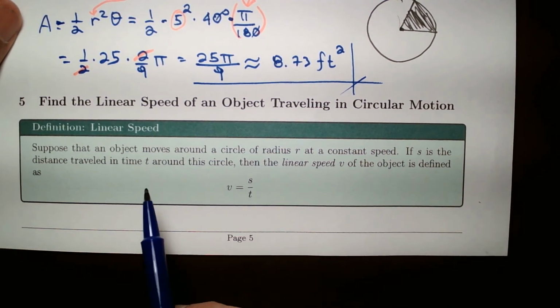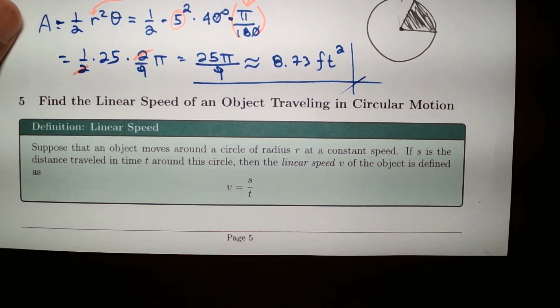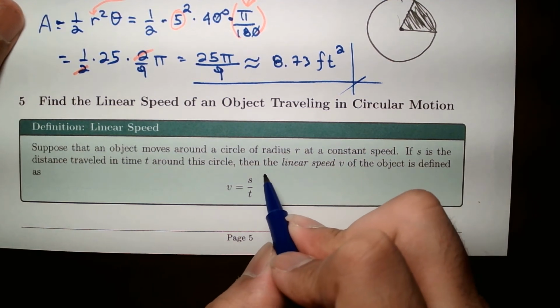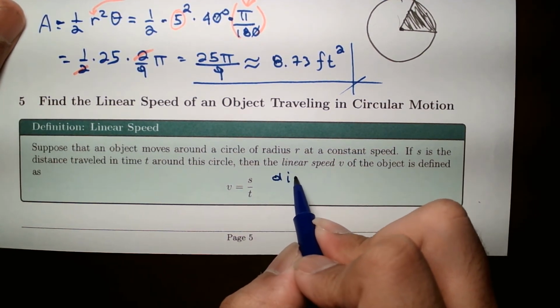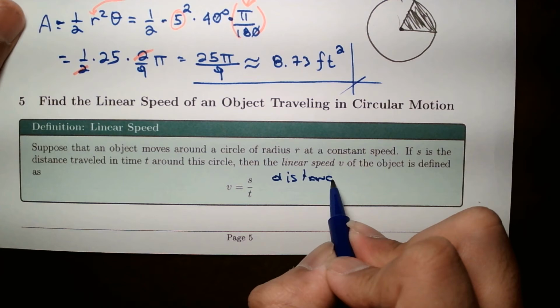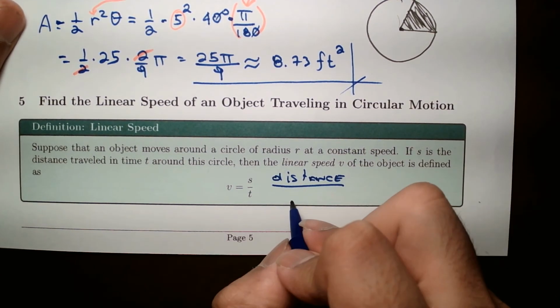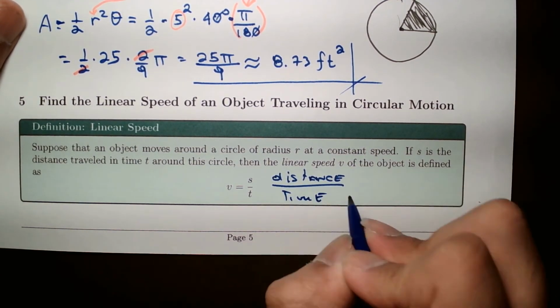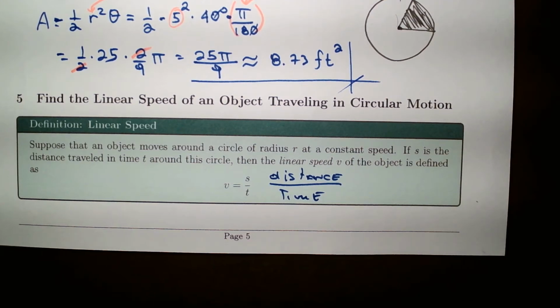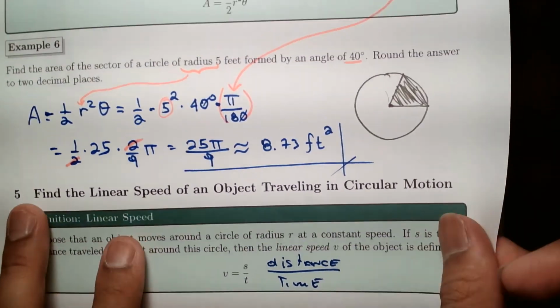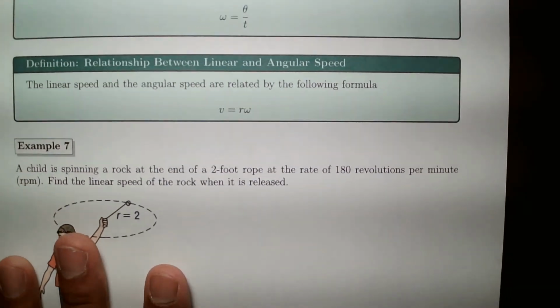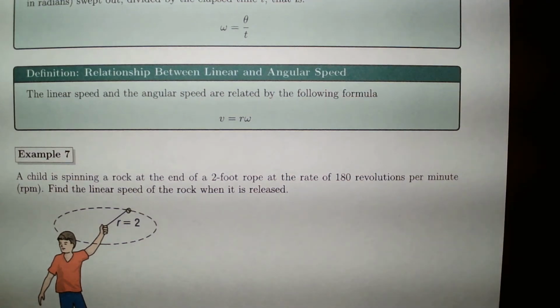And that's the linear speed. That's basically distance over time. That's what we know from really basic science.